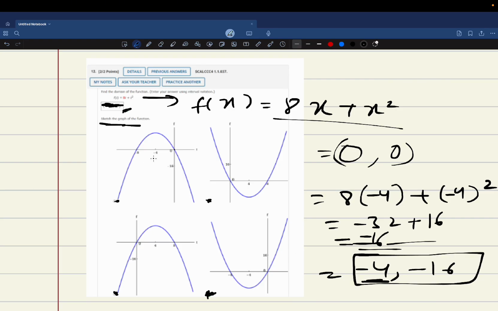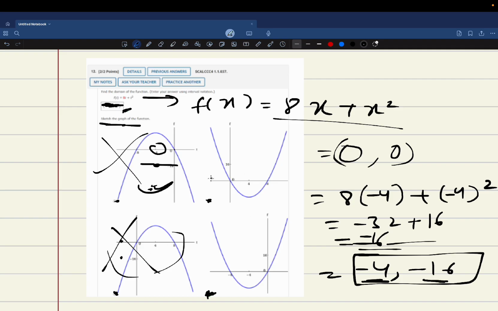So -4 is here, and then we need to get -16, which is somewhere around here, but clearly this graph doesn't pass through this point. I mean, -16 is here, so clearly this graph doesn't pass through this section, so this is not the correct one. And also here is the -4, and here is the -16, so this is our required coordinate based on the given function, and this graph also doesn't pass through that, so this is also not the correct one.